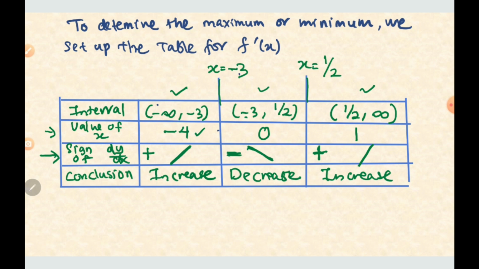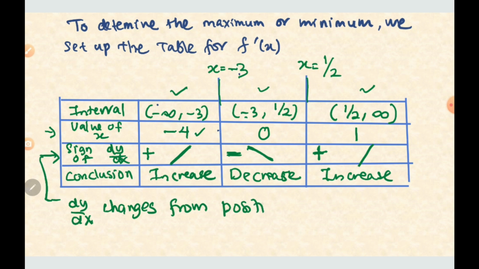So what is our conclusion from the table here? From the table we can see that the sign for dy dx changes from positive to negative at x equals negative 3.